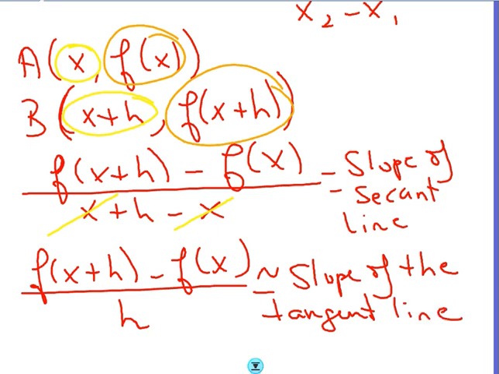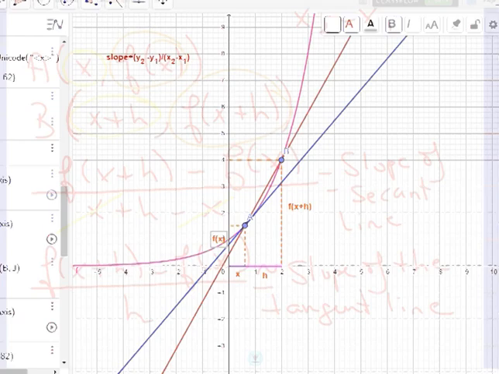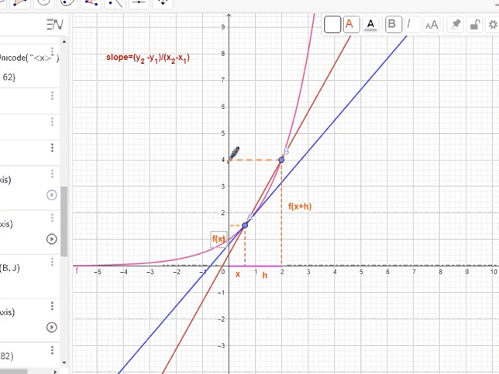What we said is that we're gonna move the point B towards A so that I can have a better approximation.